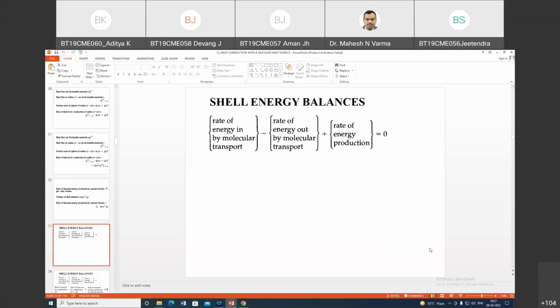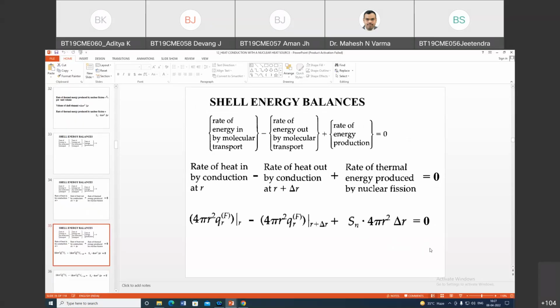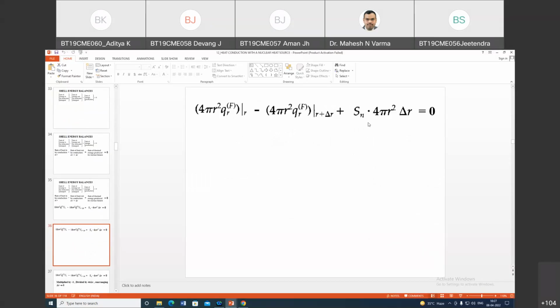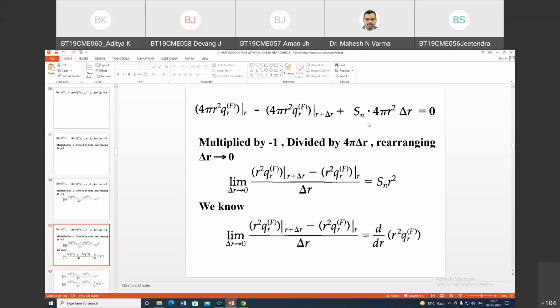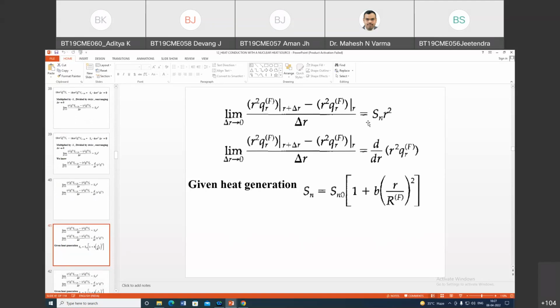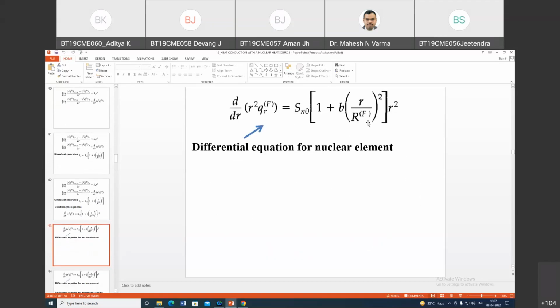And here there will be no generation and consumption, so this will be equal to 0. The same steps, exactly the same steps, and you will get an identical equation. This will be the differential equation d by dr of r squared.